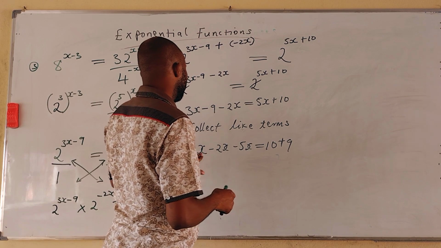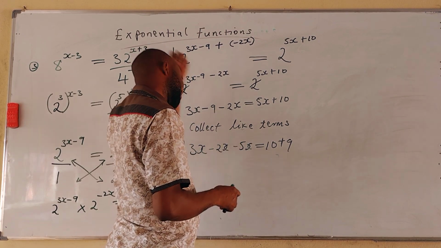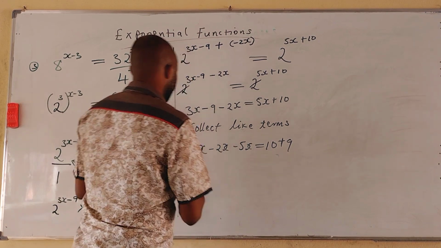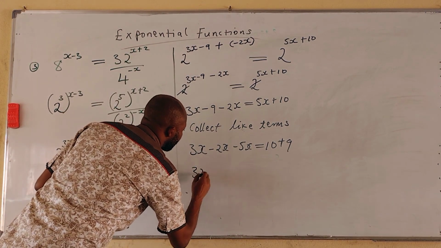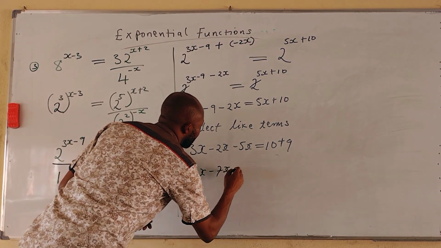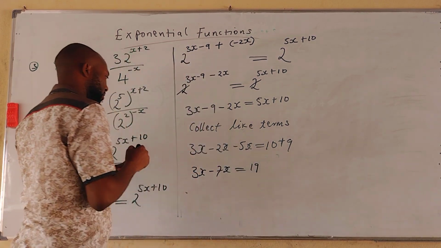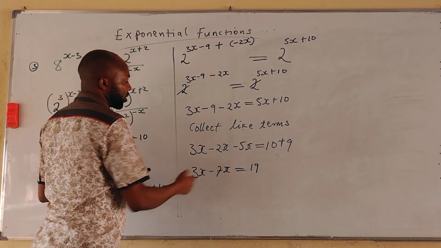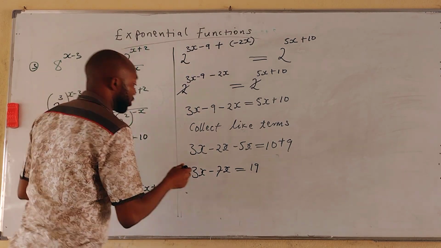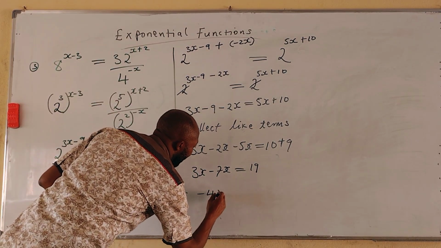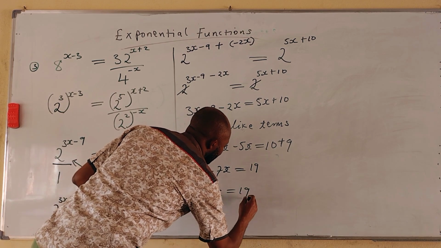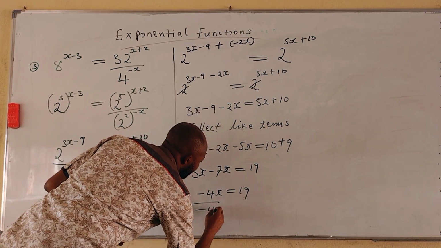3x minus 2x minus 5x is minus 7x. So 3x minus 7x equals 19. Okay, 3x minus 7x is minus 4x. Minus 4x equals 19. Divide both sides by minus 4.